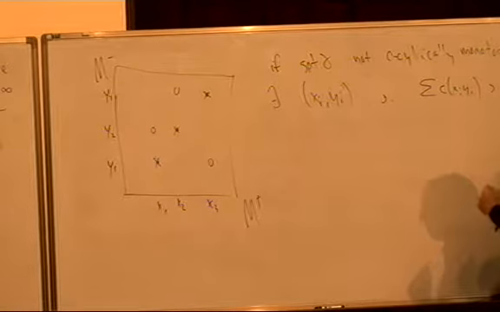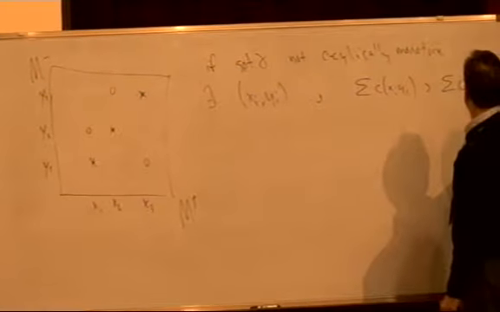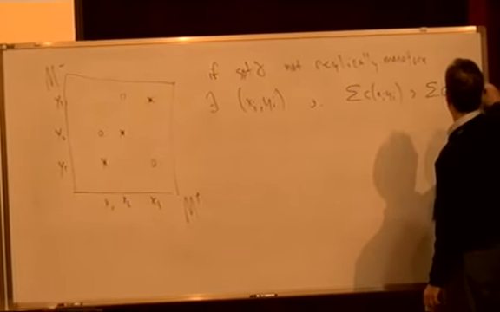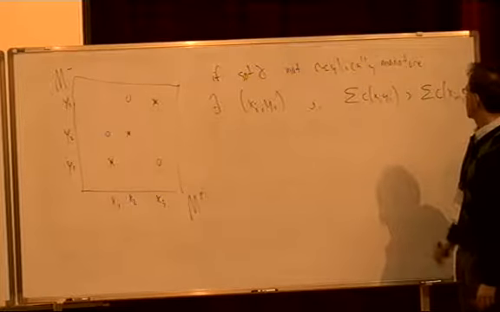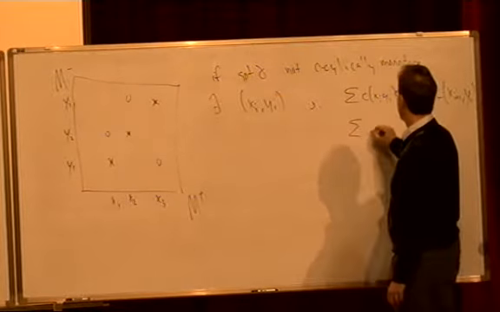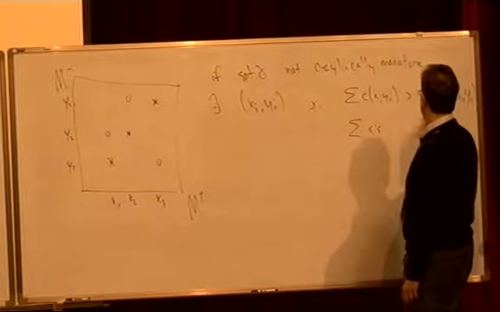The inequality goes the wrong way. So it's actually bigger than the sum of, let's say, xi plus 1, yi. So this would be the sum of the x's, and that would be the sum of the o's.